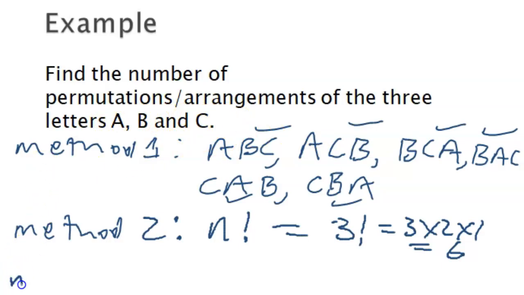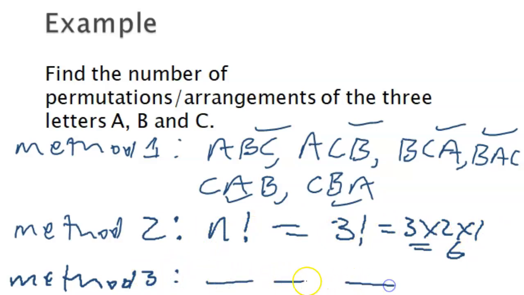Or we could use what we call the box method. So this is the formula in factorial, or the box method. We have 3 items to arrange. In the first slot, we have 3 options, any of A, B, or C. Once we put an element in the first slot, in the second slot we have 2 options, since we have 2 elements remaining.